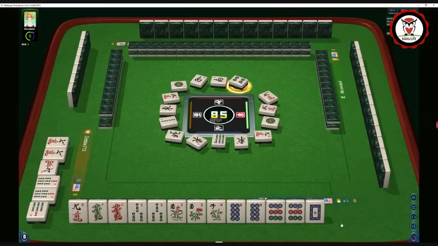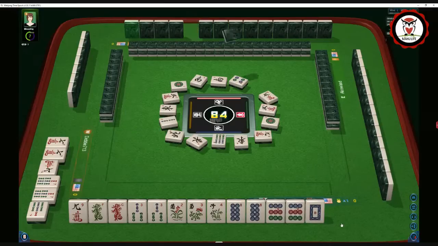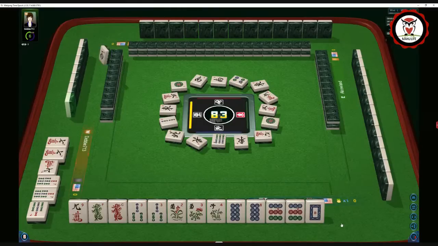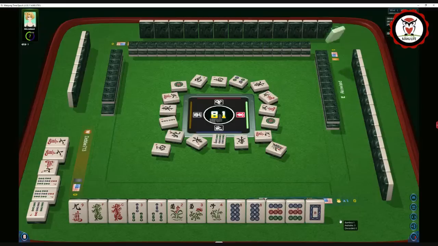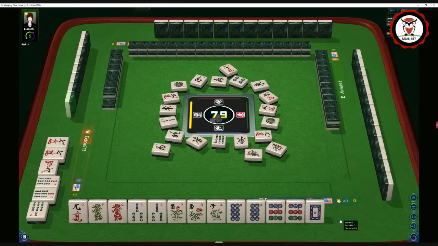Four dots. East wind. West wind. Oh, this one is not helpful at all. 1 bamboo. One bamboo. 9 characters. 7 dots.